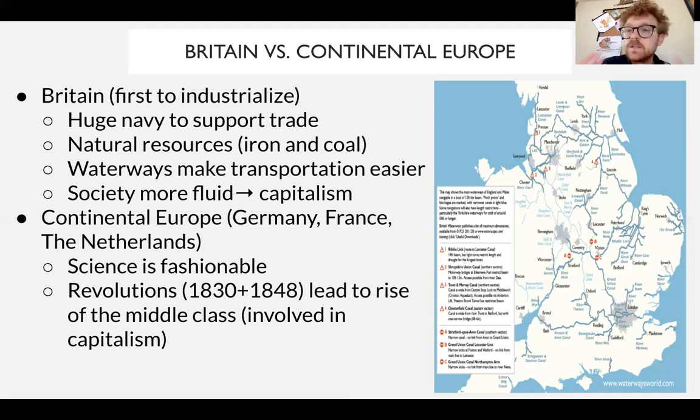But what else is leading to industrialization in Great Britain? Well, you have the entrepreneurship aspect. British society is much more fluid than continental European society, I should say. The middle class has a pretty significant position in British society, even before this Enlightenment revolutionary period.